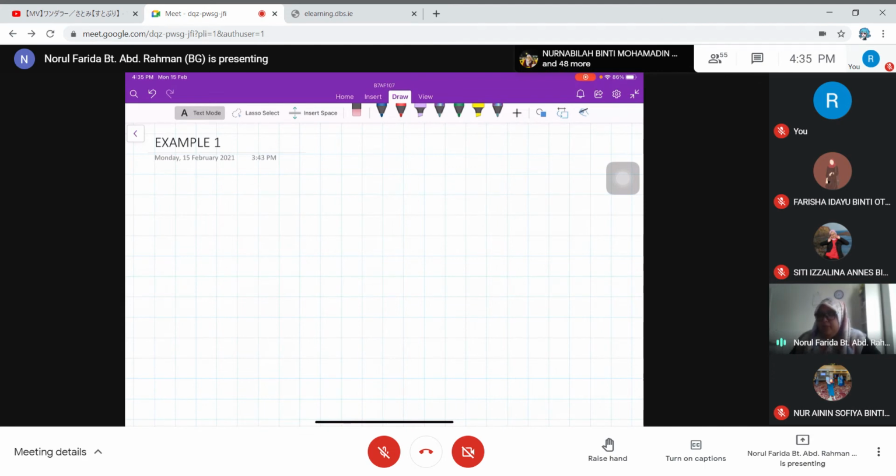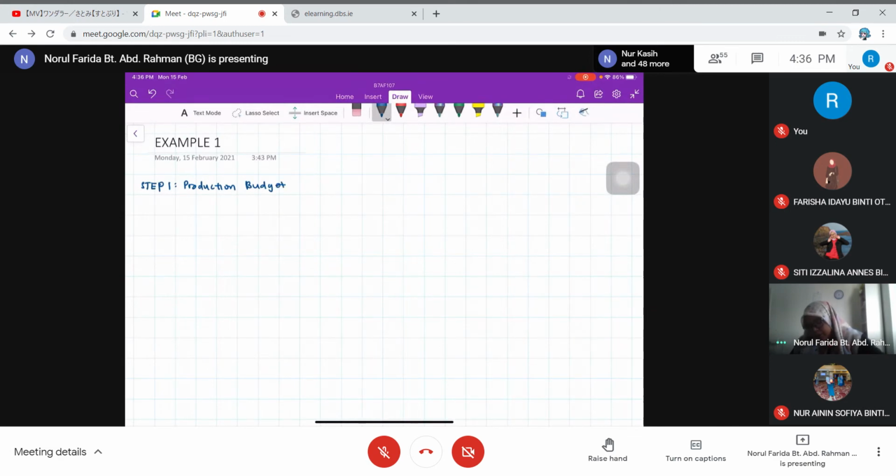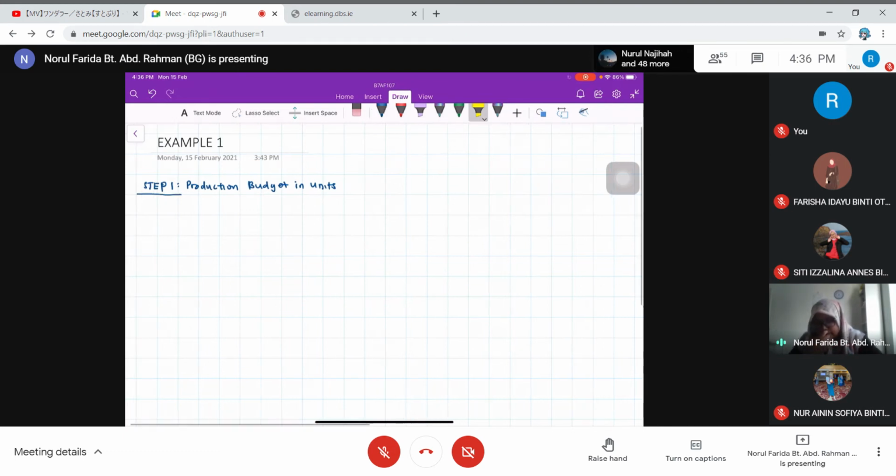Alright, so step 1 dia kata to prepare a production budget in units. You nak buat production budget in units. Okay, so that is your step 1.